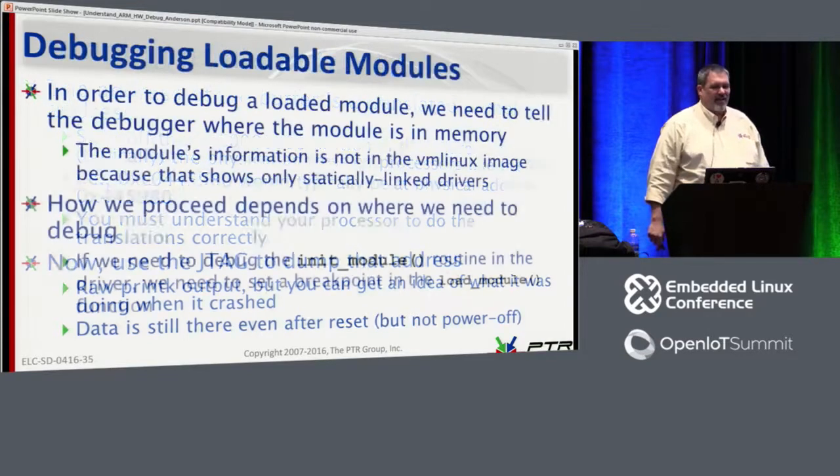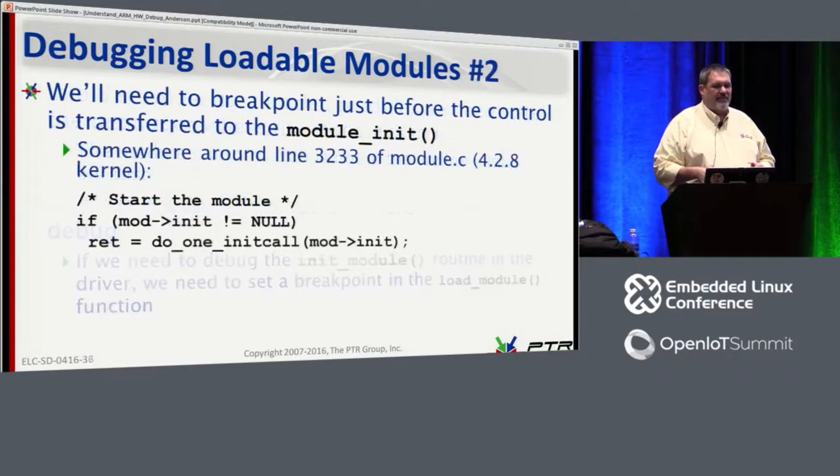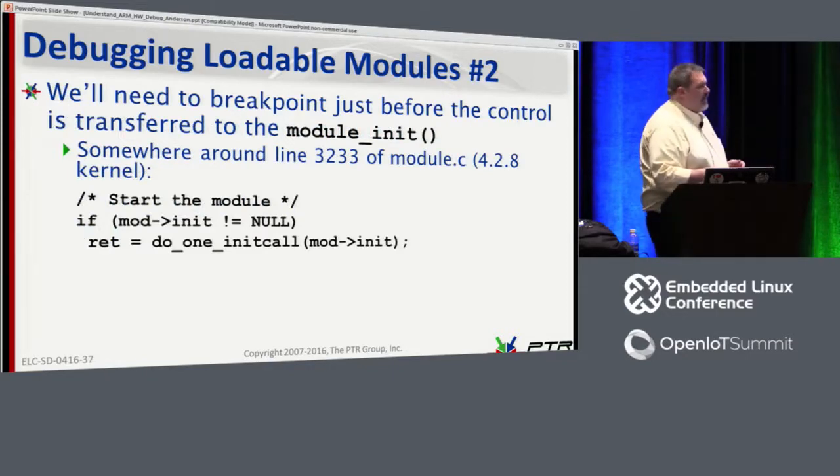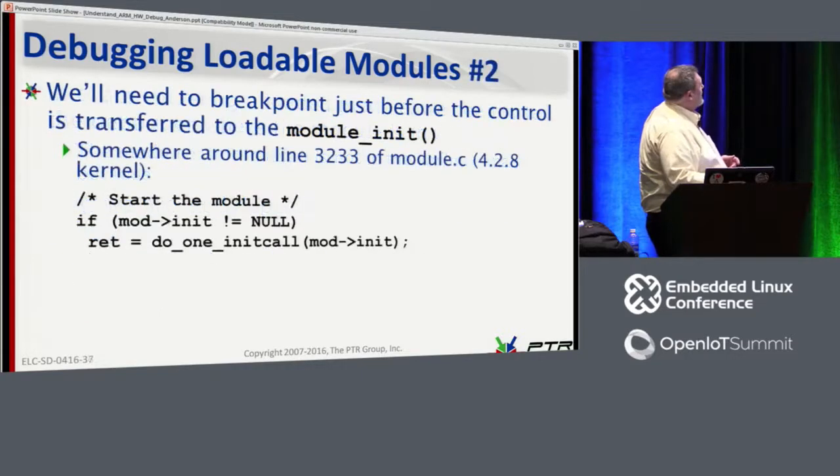Now, to debug a loadable module, one of the issues that we have to understand, if we're debugging the early initialization code, the very init_module entry point of the module, if we have to debug that, then what we have to do is we have to set a breakpoint in the actual load_module function. It's inside of module.c.